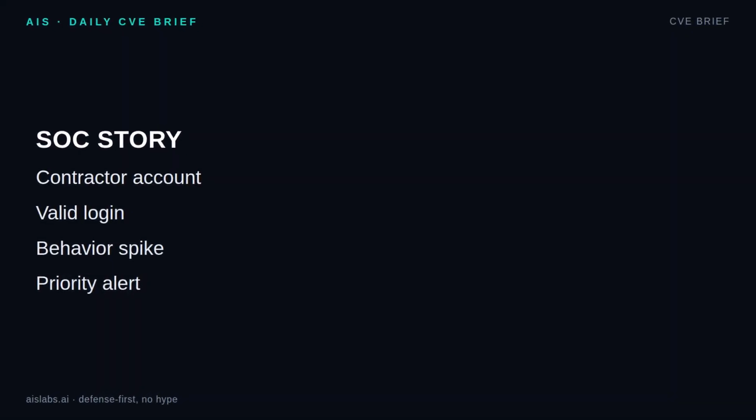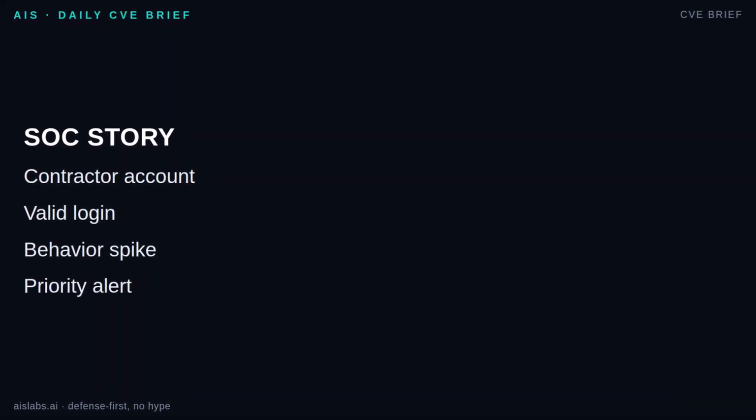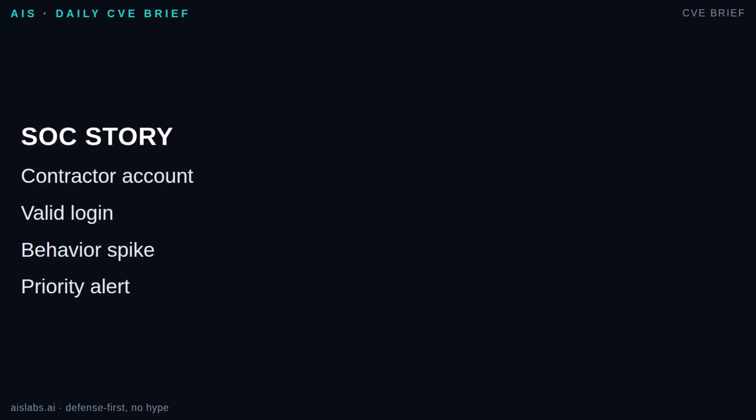Here is the end-to-end version. A contractor account authenticates successfully through the identity provider. The SIEM records the login, source region, device data, MFA result, and session details. On its own, the event is not enough. UEBA compares that session to the contractor baseline. This user normally connects from one city during business hours to one project workspace.